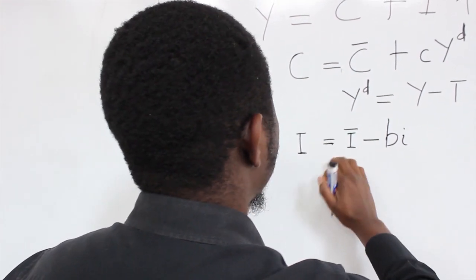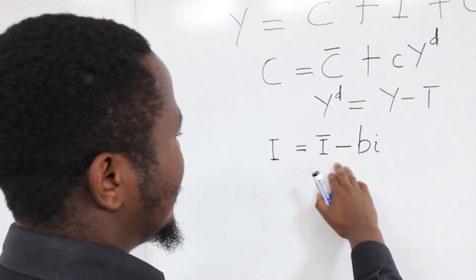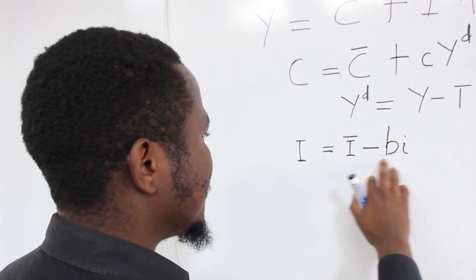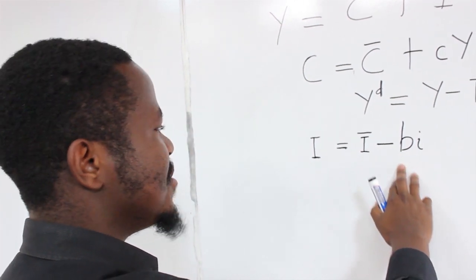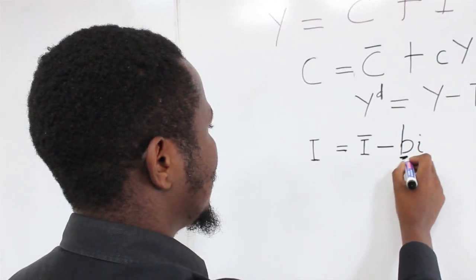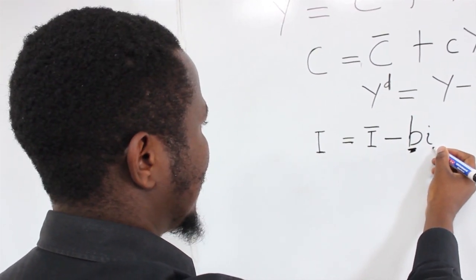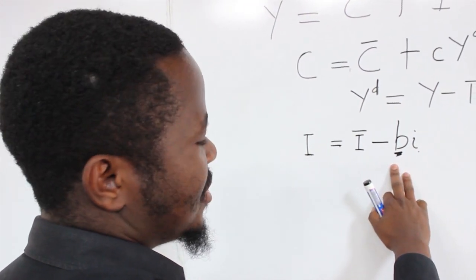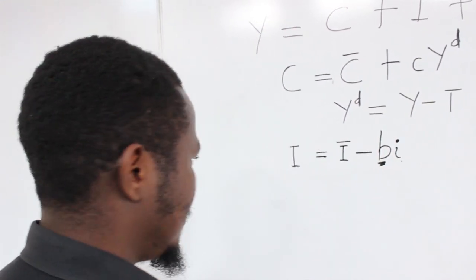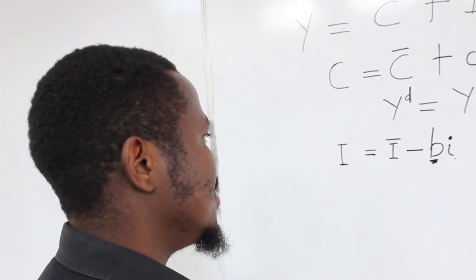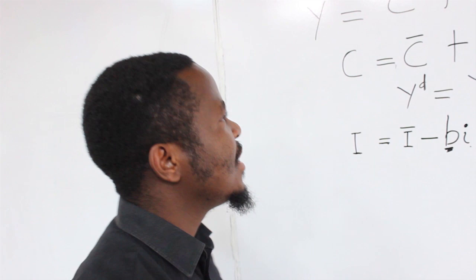So total investments equal autonomous investments, the I bar, minus that level of investments that depends on interest rates. The B measures the sensitivity of total investments to changes in interest rates, the marginal propensity to invest. And the I is the actual interest rate that will dictate the levels of investments in the economy.